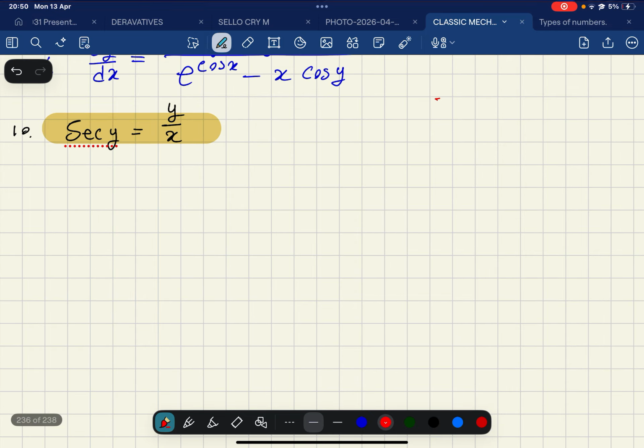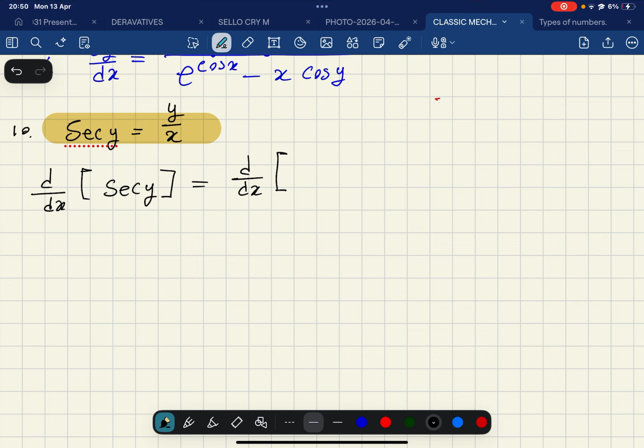So we are going to number 10. On number 10, I'm going to do the same thing, d over dx. I have the sec y, which is equal to d over dx. I can just simply ignore that part, but it's not even necessary to ignore that part.